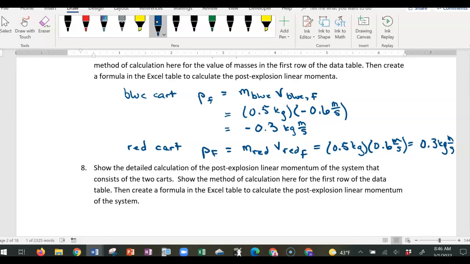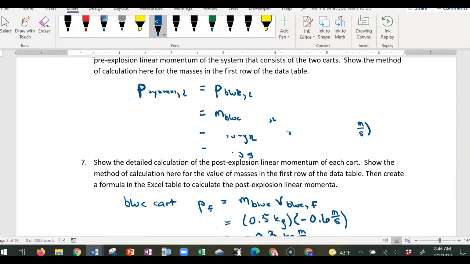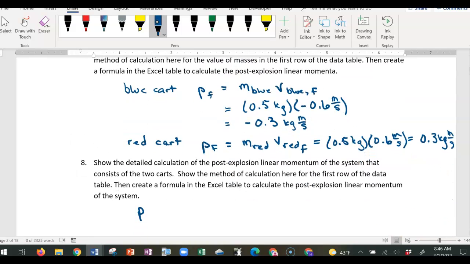In step 8, it says, okay, what was the post-explosion momentum of the system? Well, the momentum of the system at the end, so system final, equals the momentum of the blue cart at the end plus the momentum of the red cart at the end.